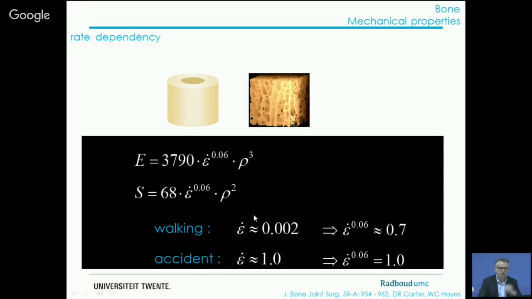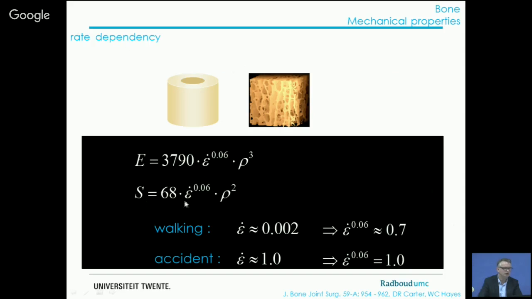Okay? And bone also responds in a rate-dependent fashion. So it means that the stiffness and the strength depend not only on the density. If you make it very dense, it's of course stiffer. If you make it dense, it's stronger.